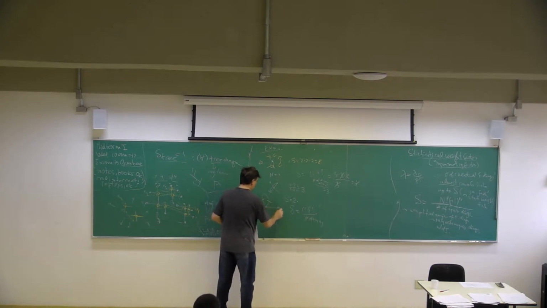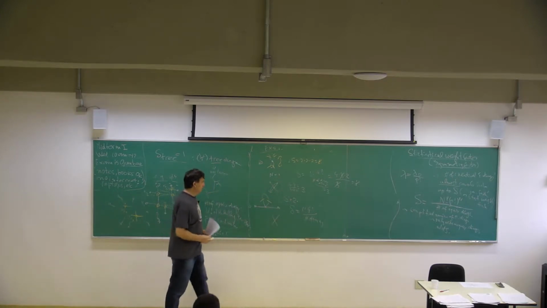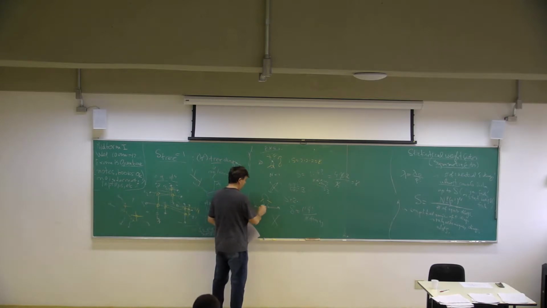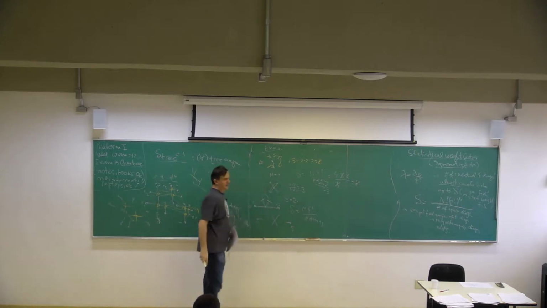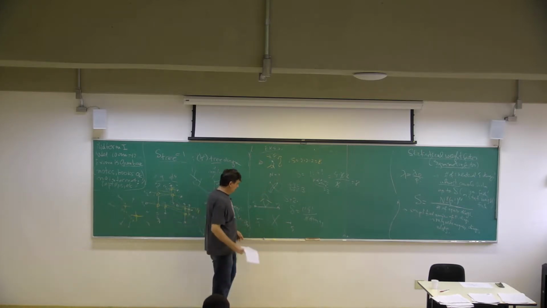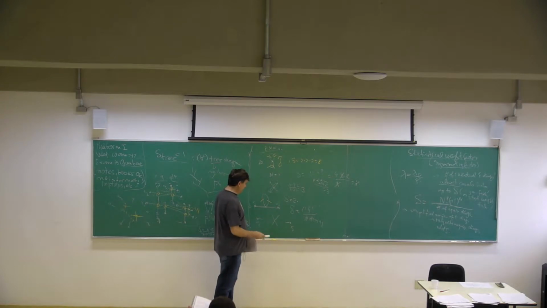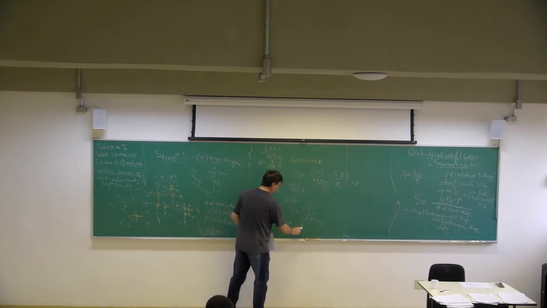But now, remember the external points are fixed. Okay? So, the first choice I have is to decide which of these legs I connect with x1. That comes in 4 possible ways.